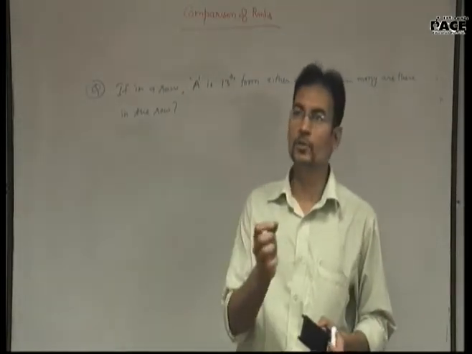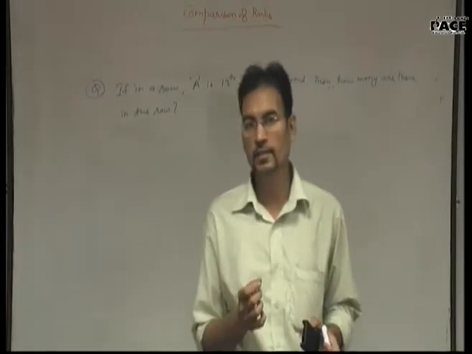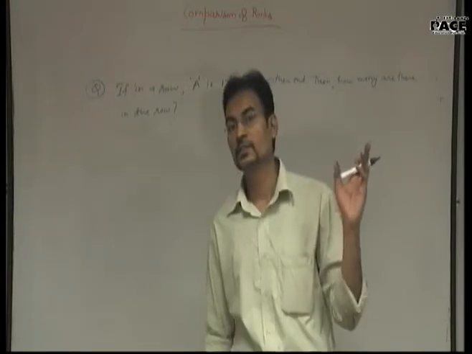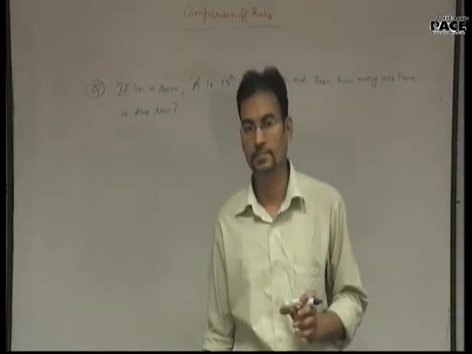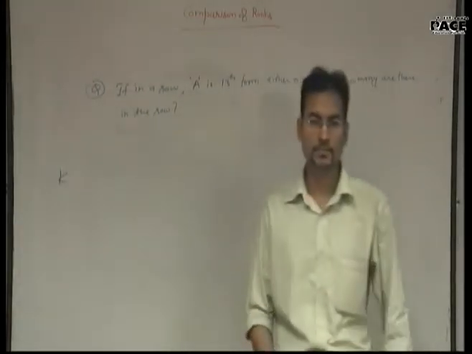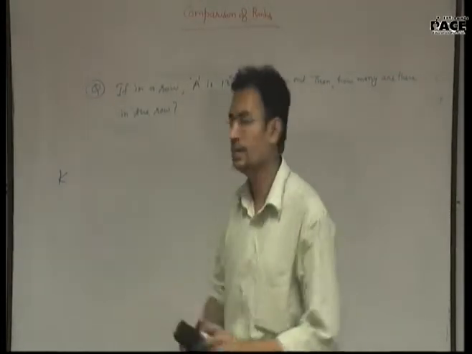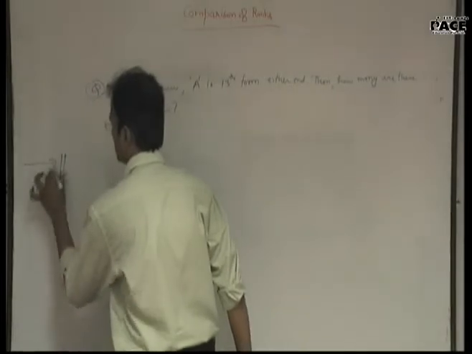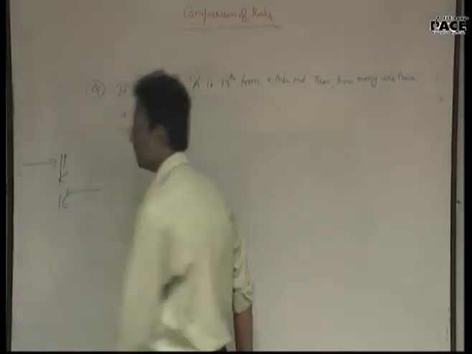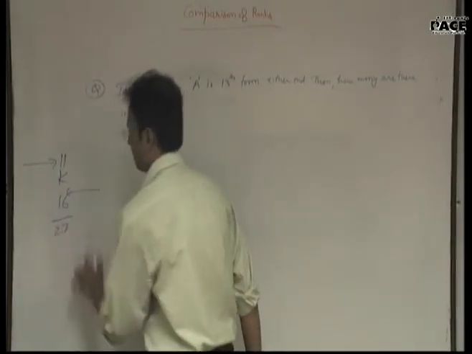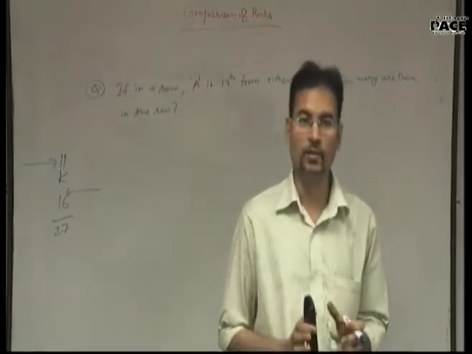Suppose we take one example like K. Suppose K is 11th from the left hand side and 16th from the right hand side, that is 27, and we have 26 alphabets in all.